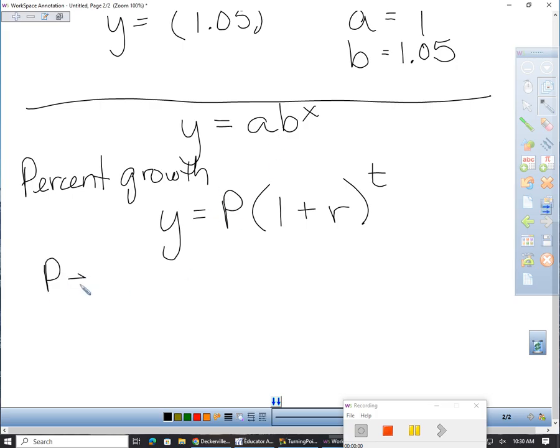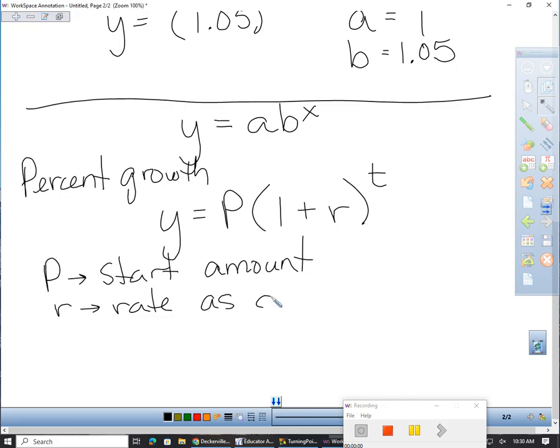So p is our starting amount. r is going to be the rate as a decimal. So if it's 5%, it's 0.05. And t is the amount of time.